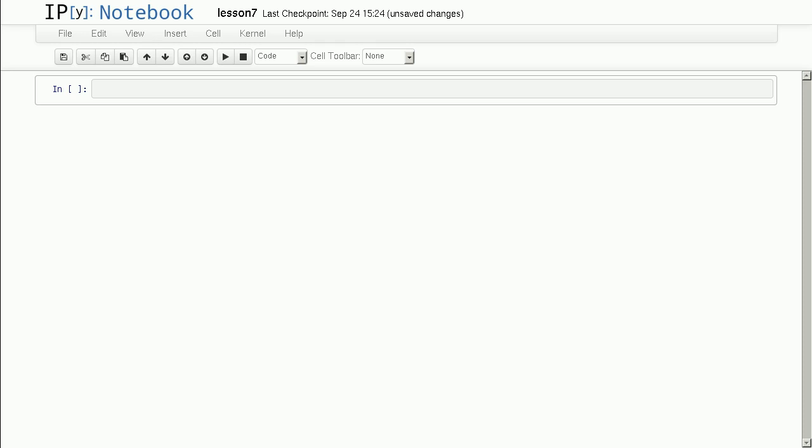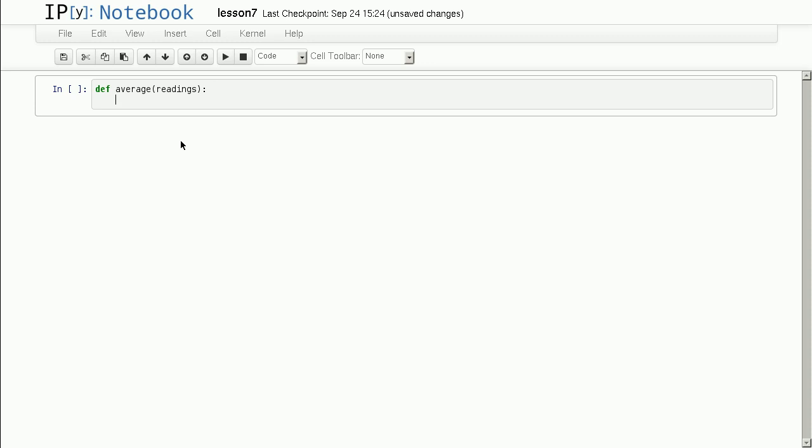Now, the Lesson 6 homework assignment was a problem that I asked you to solve. I asked you to create a program that would compute the average of a set of wind direction readings. One way you might approach this problem would be to create a function. I'll define a function called average, and the input to the function will be readings.